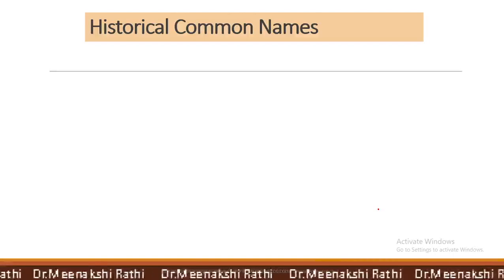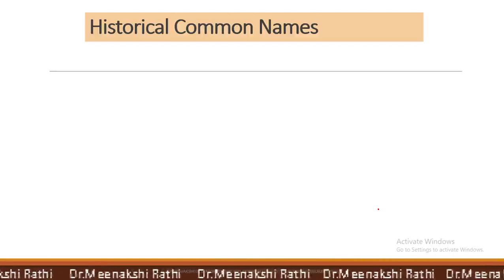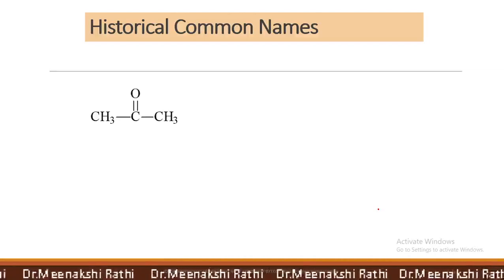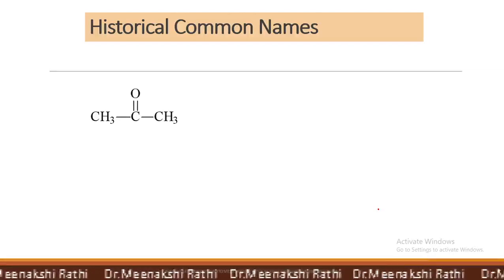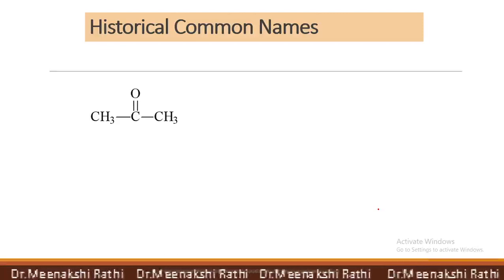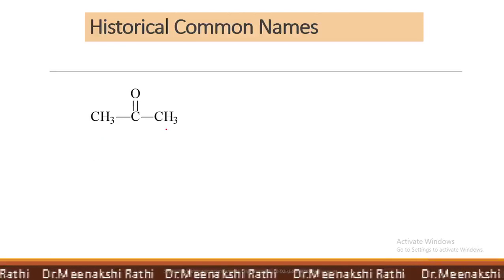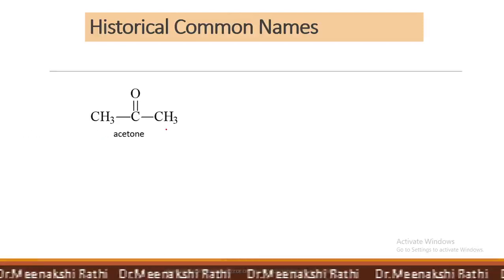Now, before starting with the IUPAC names of aldehydes and ketones, let's see some historical or common names of aldehydes and ketones. CH3COCH3 is known as acetone.